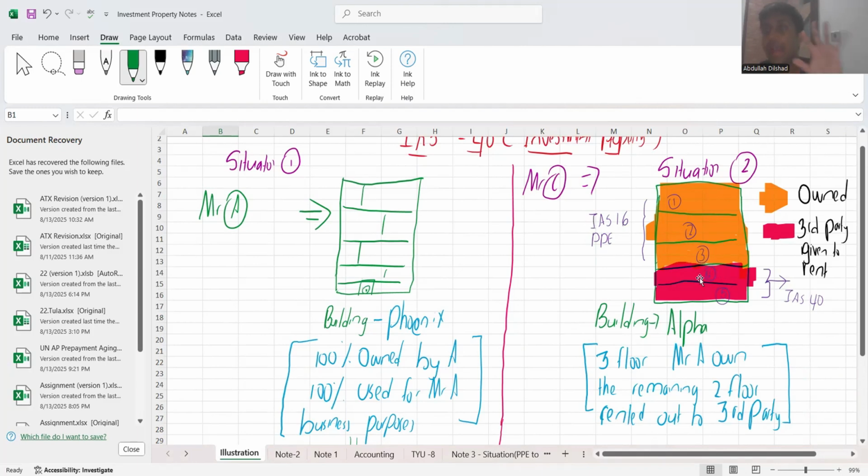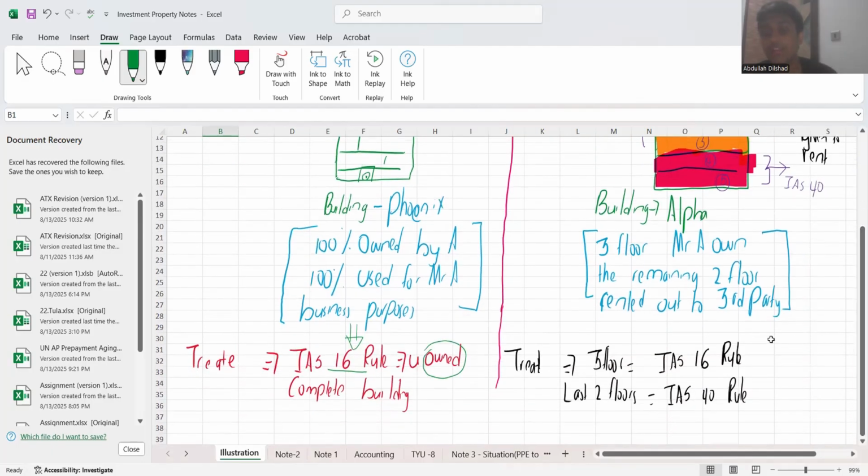For the fourth and fifth floors, his intention is to give them on rent to a third party and earn rental income.